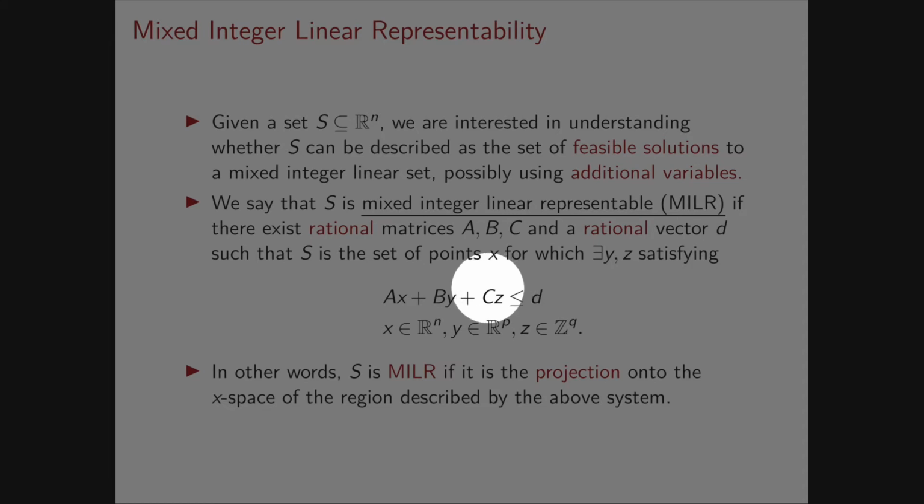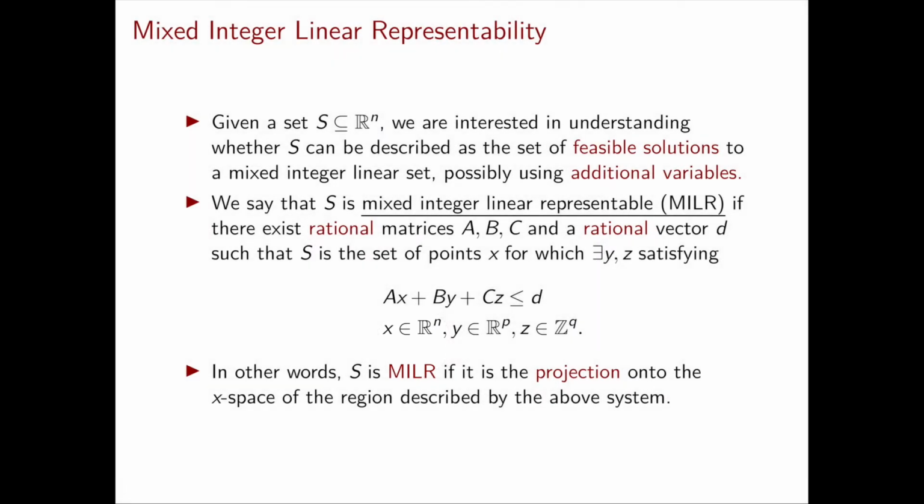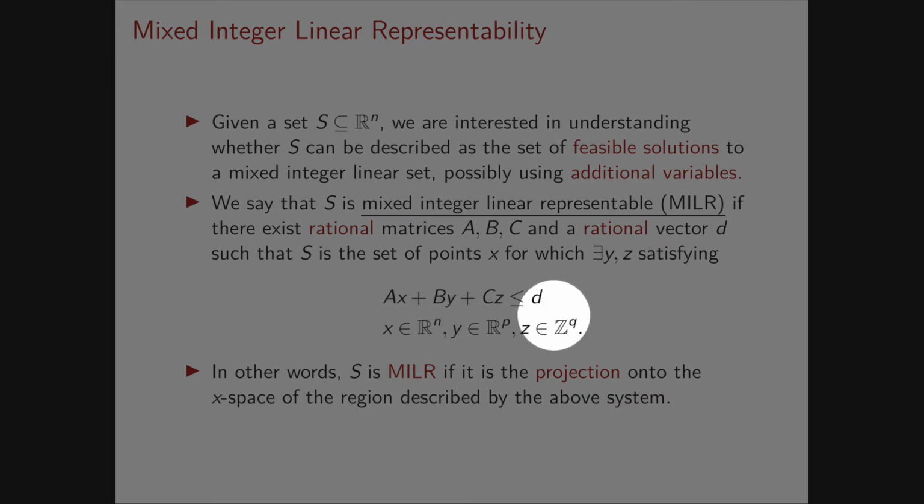Why do we need two types of additional variables? Well, because the y are allowed to be continuous and z are only supposed to be discrete. And in our original space, we can have just continuous variables. So this is a little bit of a technical definition, but essentially you can easily convince yourself that all the sets that can be obtained as projection of mixed integer linear sets are exactly sets S of this form.